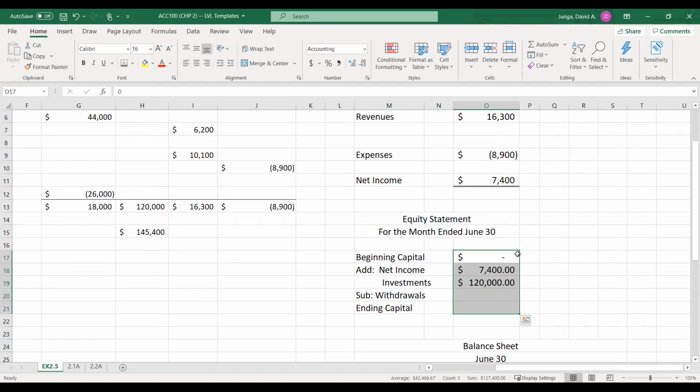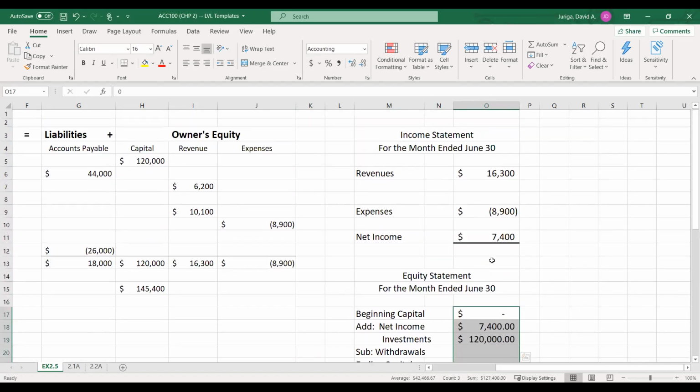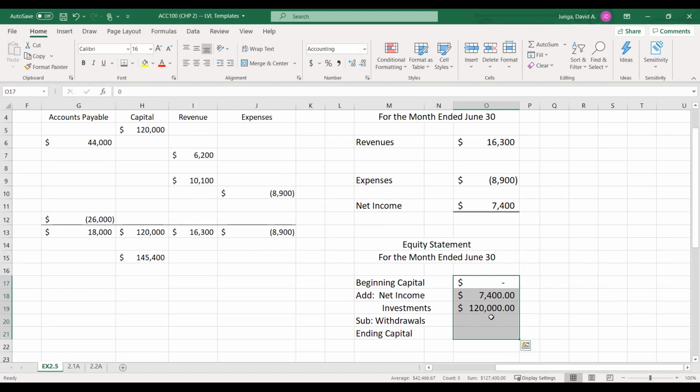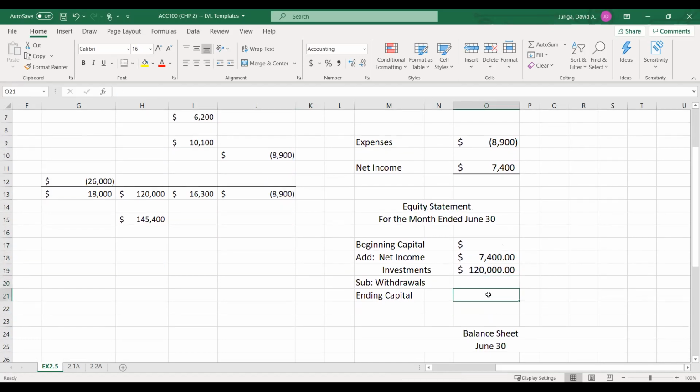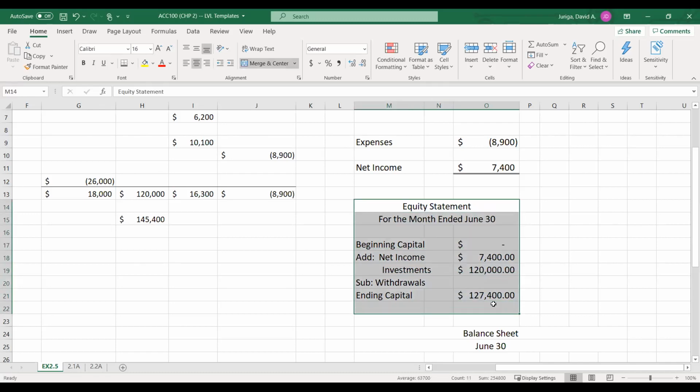You guys can still see that, right? Yes. Okay. And I don't believe there were any withdrawals. So at this point, I can just net these. And right now, the equity statement would say ending capital balance 127,400. So that would be your second financial statement.